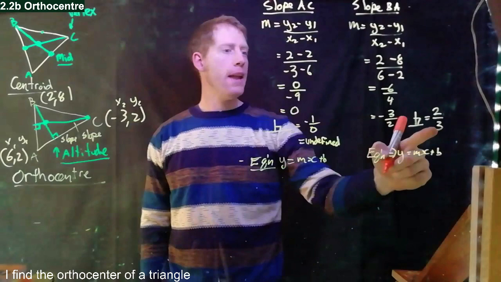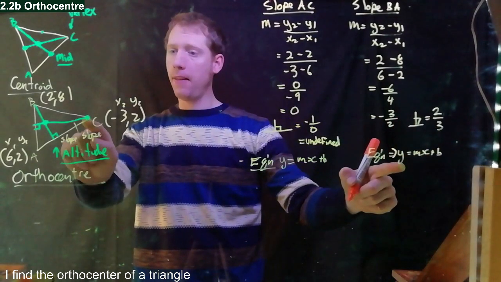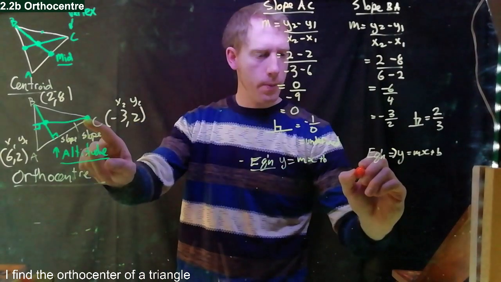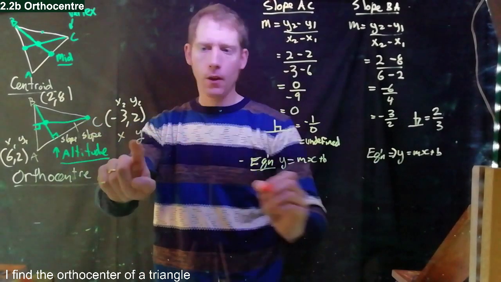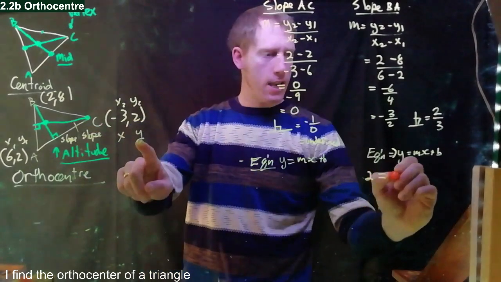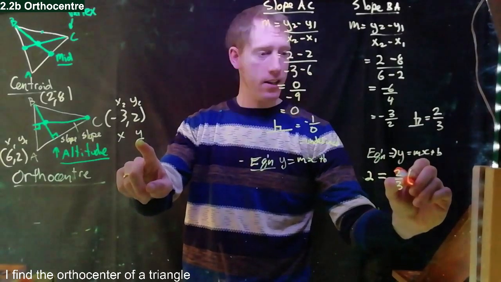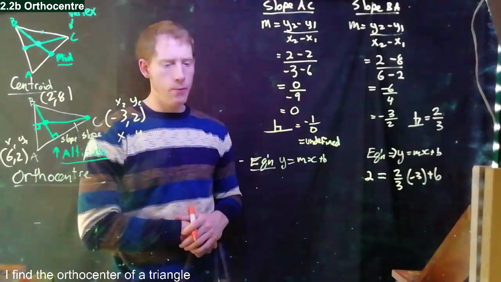And we have that slope here, but we do have a point right on that line. So the equation will be, with x and y, 2 equal to the slope of 2 over 3 multiplied by my x, which is negative, plus b. We have to find what my b is.